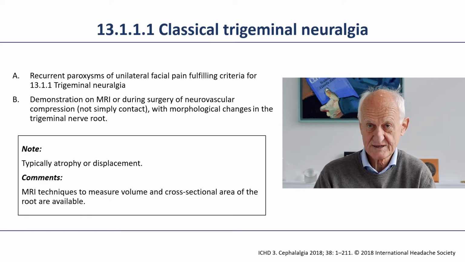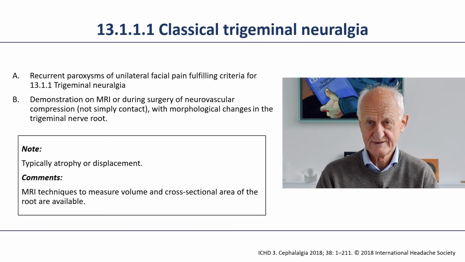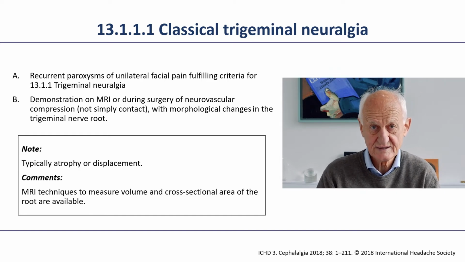Now we get to the subtypes of trigeminal neuralgia. And the first and most important is classical trigeminal neuralgia. And these pains have the same characteristics that we just discussed under the general criteria for trigeminal neuralgia.